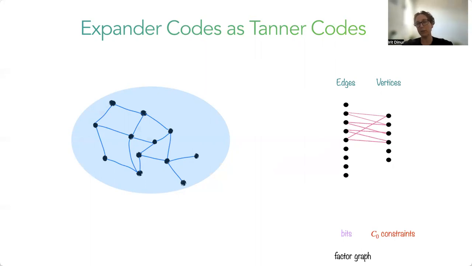And the Sipser-Spielman codes are a kind of Tanner code, where the bipartite graph that you choose is the edge-vertex incidence graph. So notice here on the bottom, I wrote that our bipartite graph connects the bits that are put on the edges and they're connected to the vertices. Sometimes this is called the factor graph.